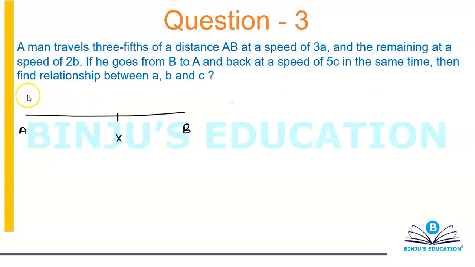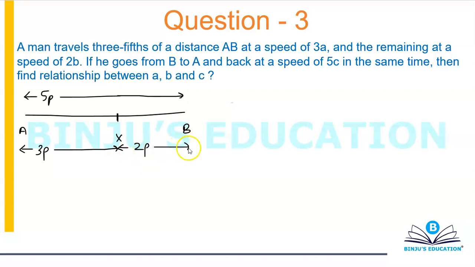So I'm going to consider the distance from A to B to be 5P units, again for the same reason. Rather than taking the values as P and 5P by 3 or 3P by 5, it's better to take the total to be 5P, so that 3/5 of that will become 3P, and the remaining will be 2P.